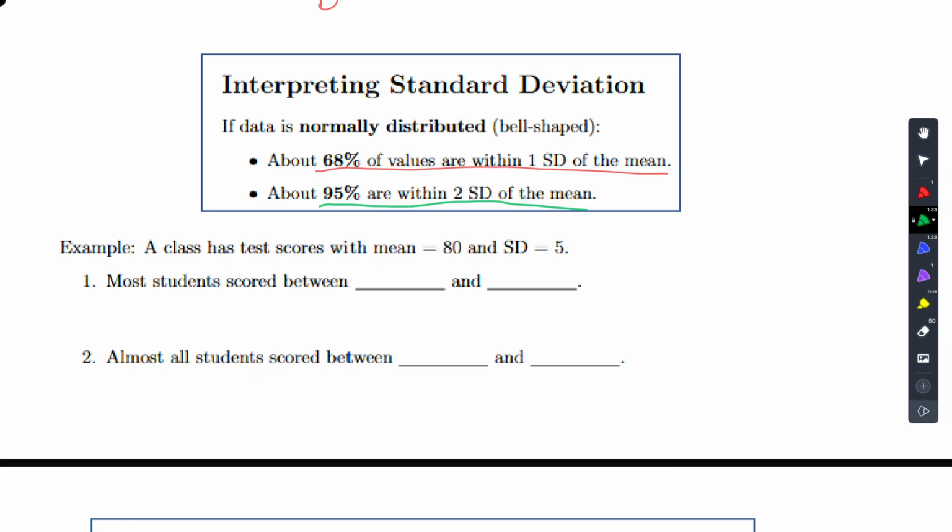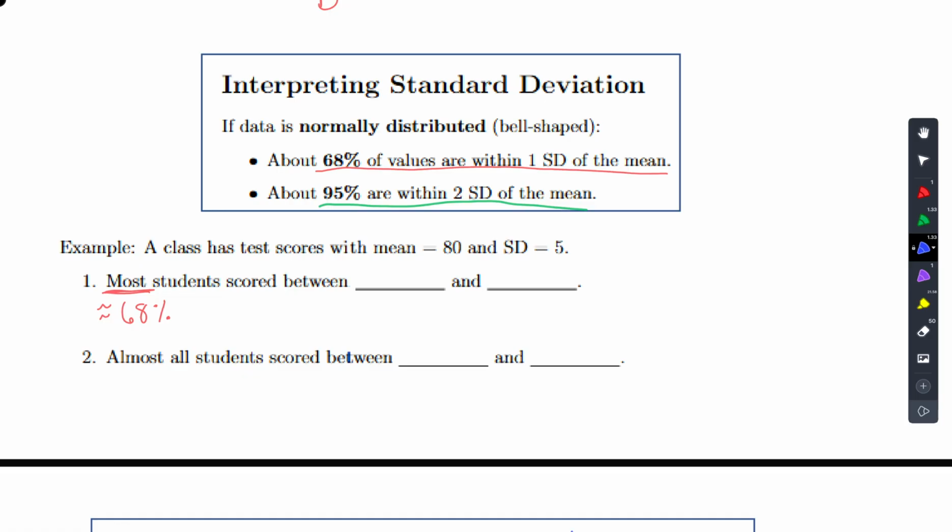So these questions are actually, if you know what to do, really easy. So when they say most, on the test, they'll say about 68%. They'll say either most students or 68% of students score between. So if we have the mean of 80 and a standard deviation of 5, this is literally all you do.